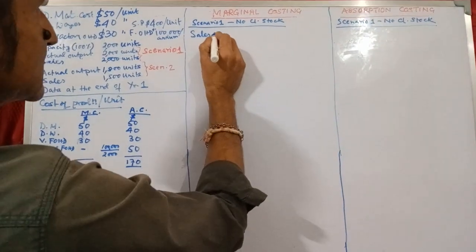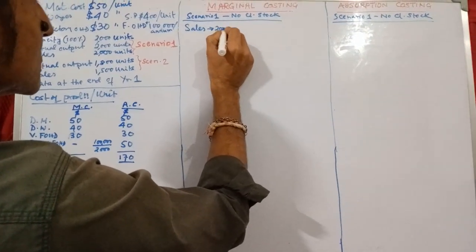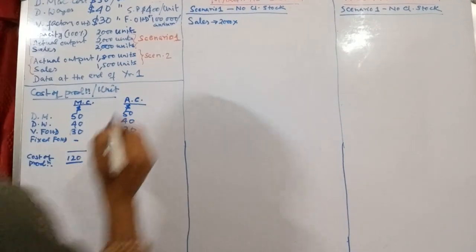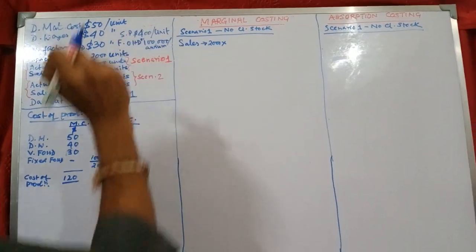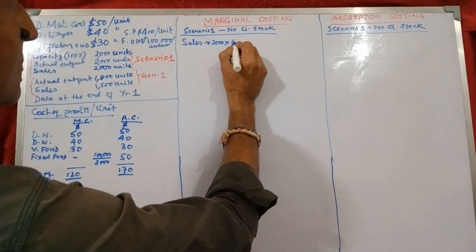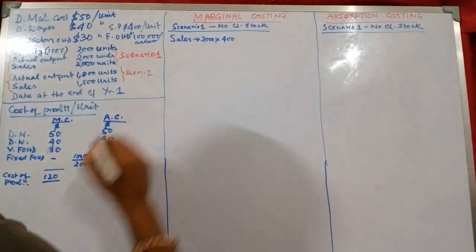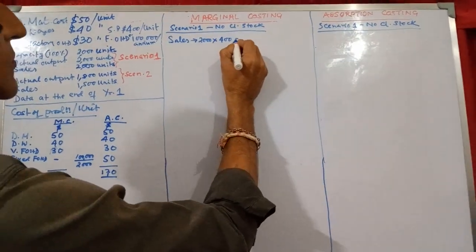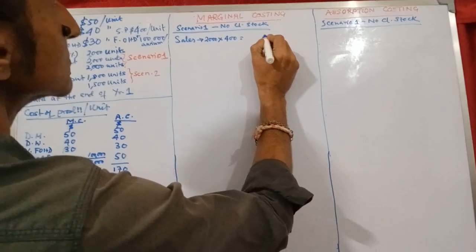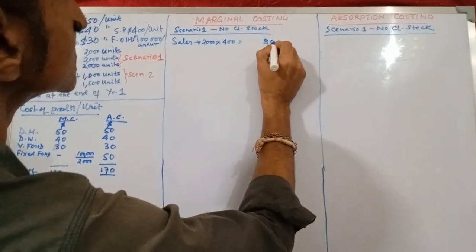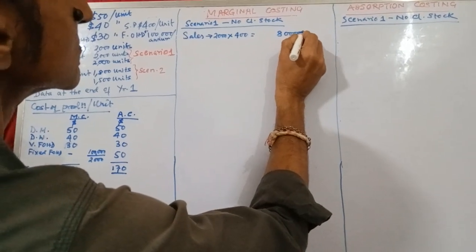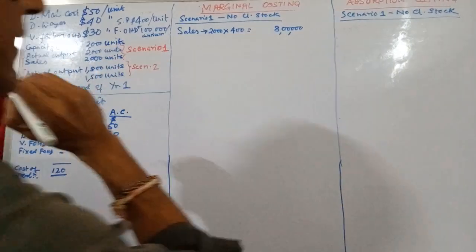So sales is 2000 into what is the price per unit? 400. So 2000 into 400, that comes to 800,000.